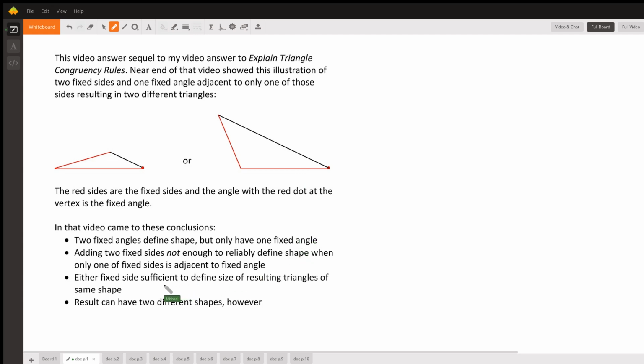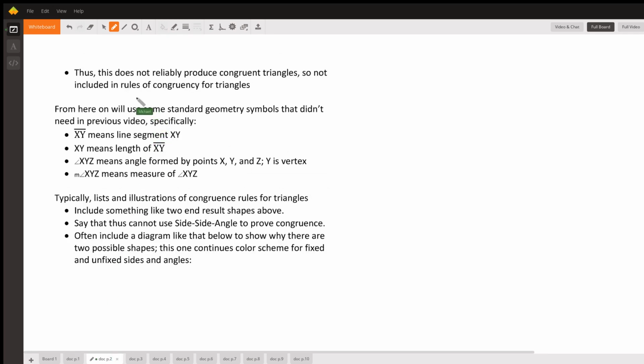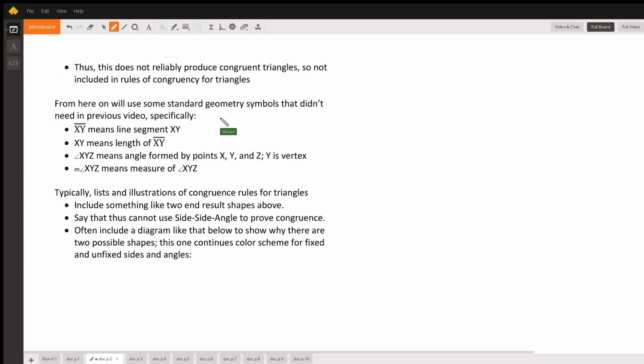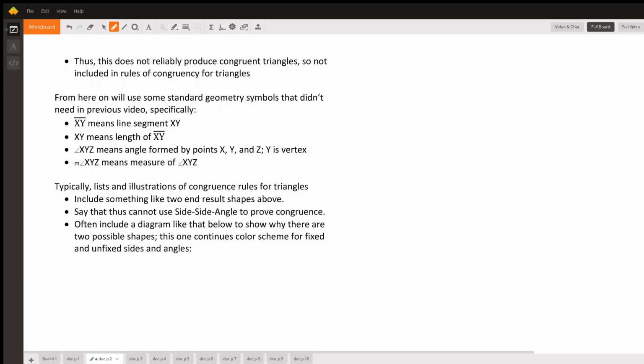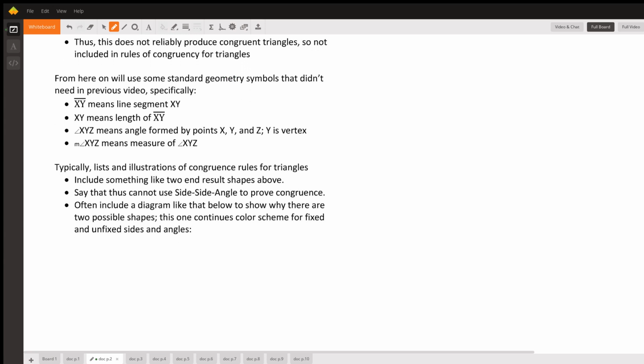Either fixed side would be sufficient to define the size of the triangle if it had only one shape, but you can have two different shapes. And so this does not reliably produce congruent triangles, so it's not included in the rules of congruency for triangles. But we're going to explore this further because there are some interesting things about this.